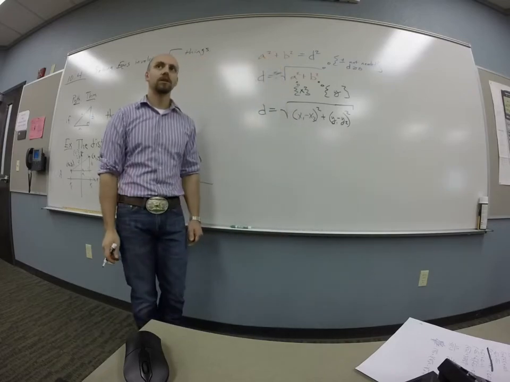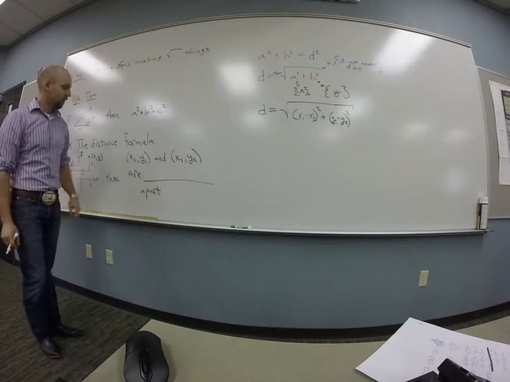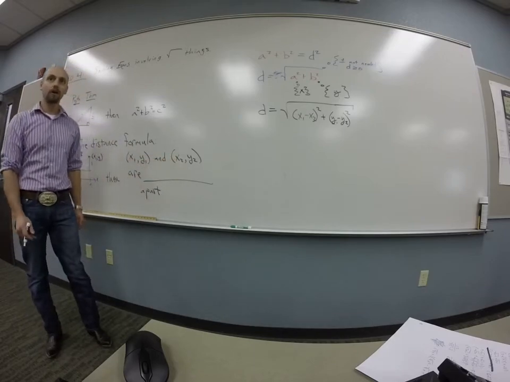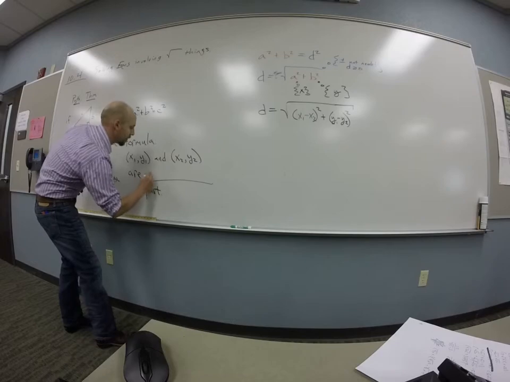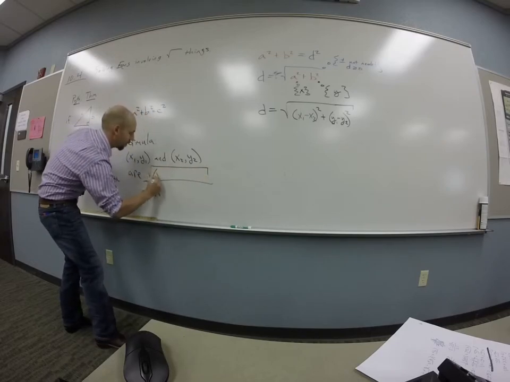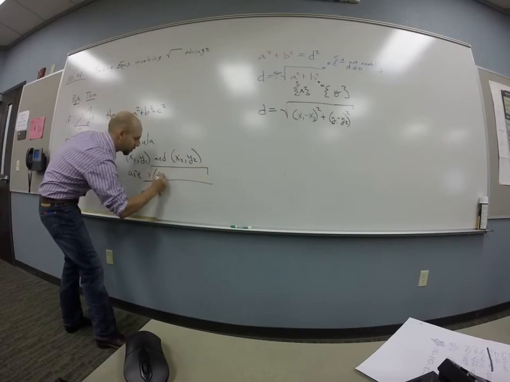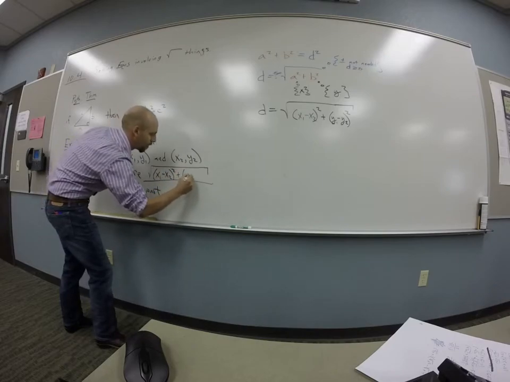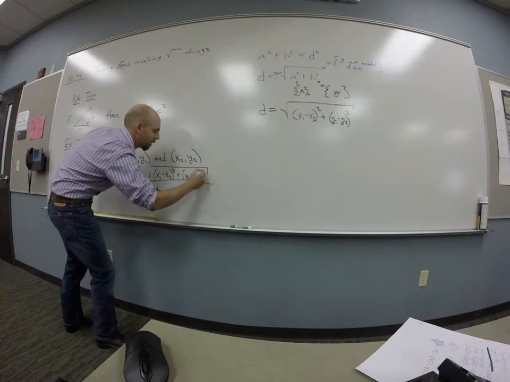You see this? Okay, so x1, y1, and x2, y2 are the square root of x1 minus x2 squared plus y1 minus y2 squared apart.